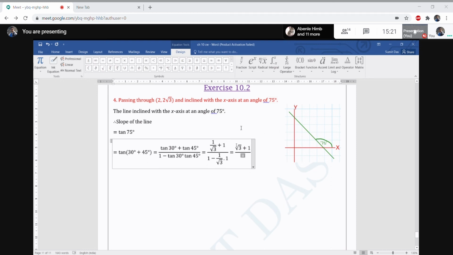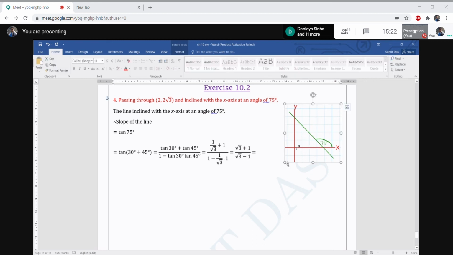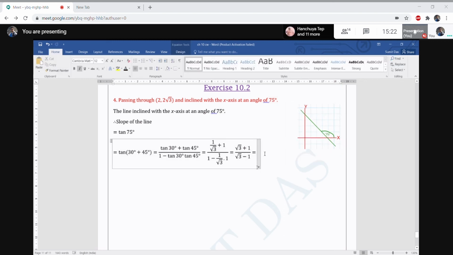Square root of 3 minus 1. So always after that we have to, what is it called, I forget though. Rationalize. You have to do the rationalization, right? So if you rationalize this one, I'm not doing the whole rationalization.